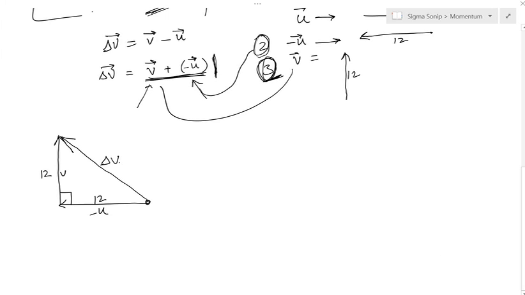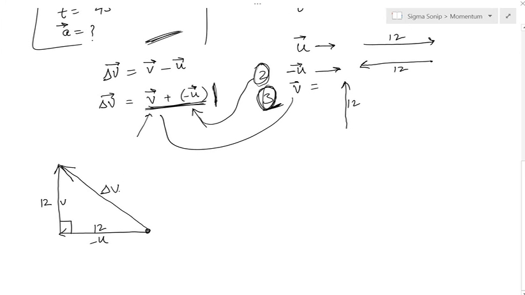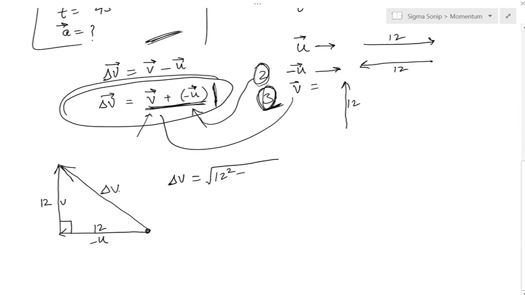Alright, so once we get into this form, all we are doing is just adding the two vectors. Using Pythagoras theorem, we can find the magnitude of delta v is equal to square root of 12 squared plus 12 squared, which gives me 16.97 meter per second, and I need to find this direction as well.